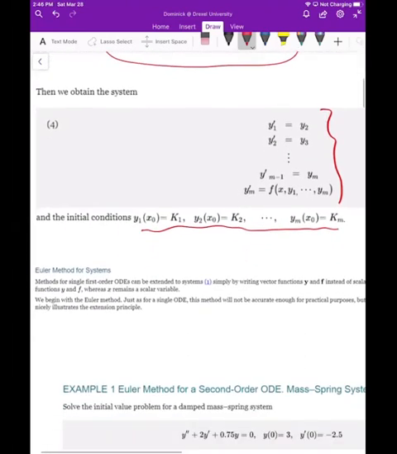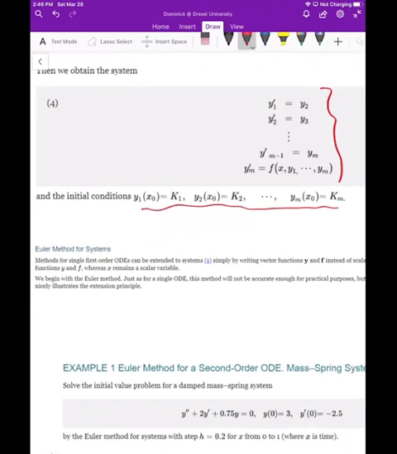Now, the first numerical method that we're going to talk about is, once again, the Euler method. One thing to keep in mind is that, just as in the single ODE case, it's not accurate enough to have any practical purpose, but we're going to go through it so that we can get a feel for what this looks like for systems, and then extend it to better, more accurate methods.